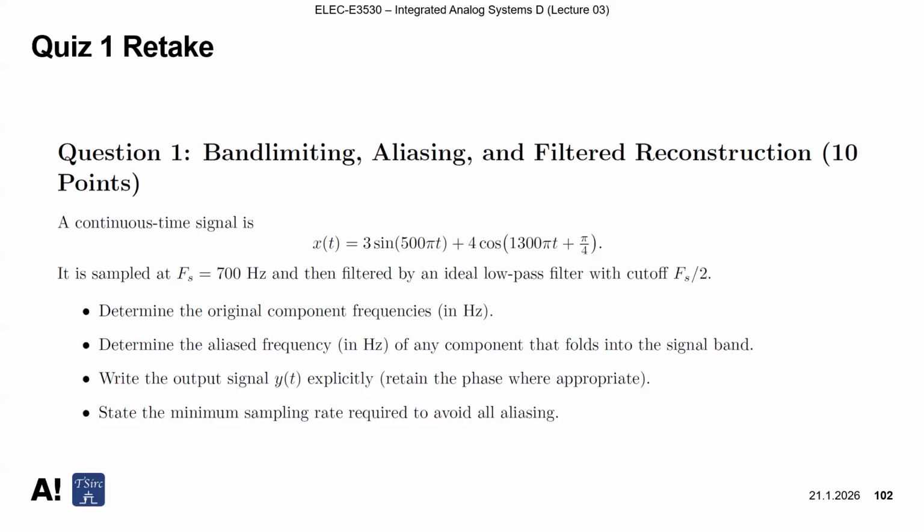So this distance is mirrored and centered around the sampling frequency, like this. Let's define the distance as x. Then it is mirrored to fs minus x, and mirrored to fs plus x. Okay, I think I got it.